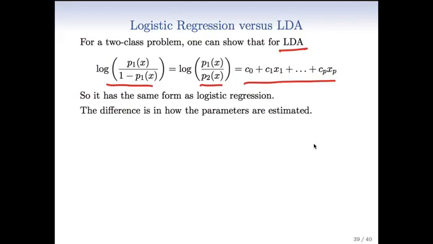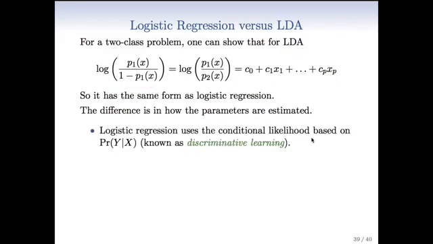So the difference is in how the parameters are estimated. Logistic regression uses the conditional likelihood based on the probability of y given x. Remember, it was using the probabilities of a 1 or 0 given x in each of the classes. In machine learning, this is known as discriminative learning, using the conditional distribution of y given x.